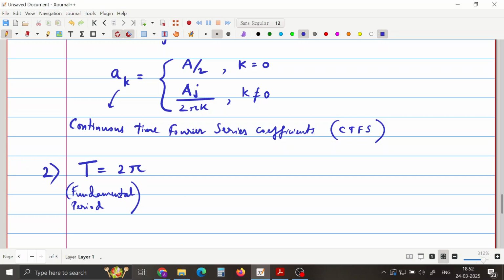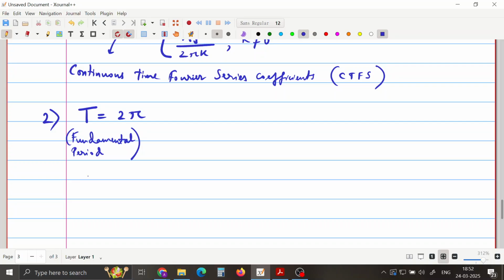Let me here itself calculate omega naught as well, obtained by 2 pi by capital T, which is 1 in our case because T is 2 pi.